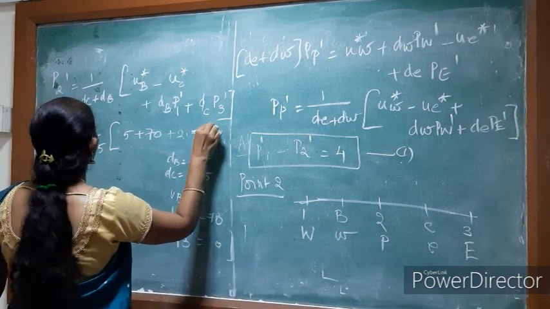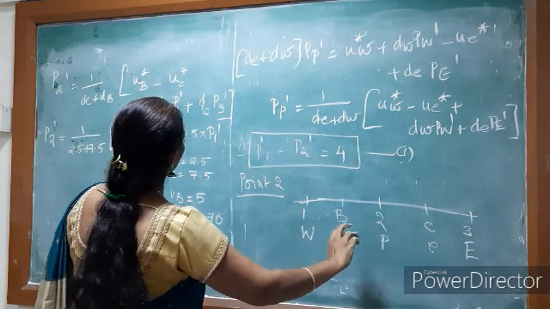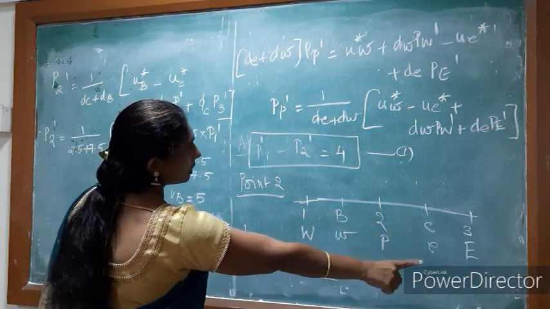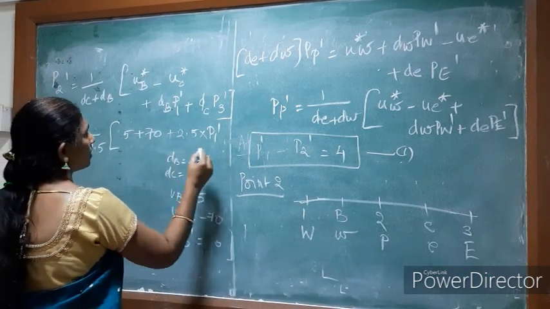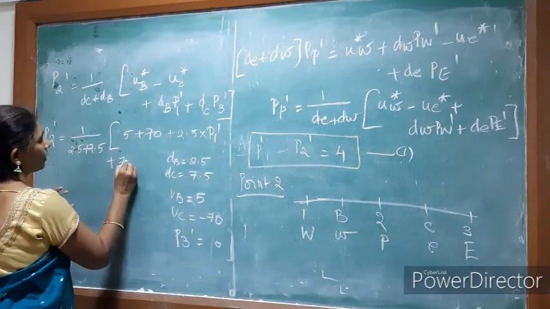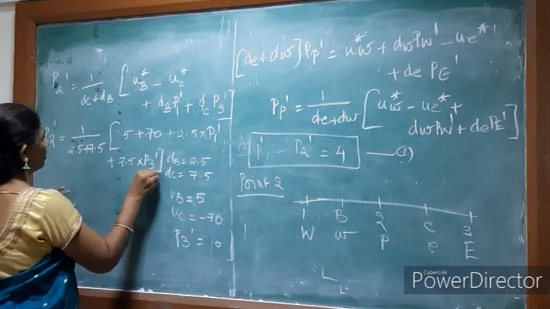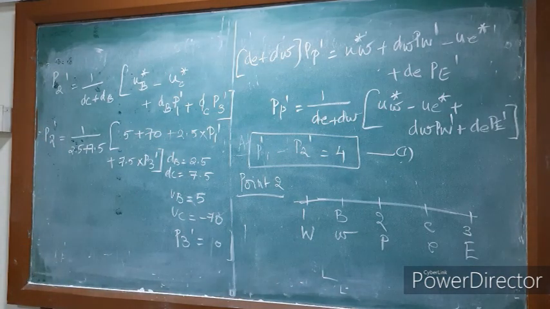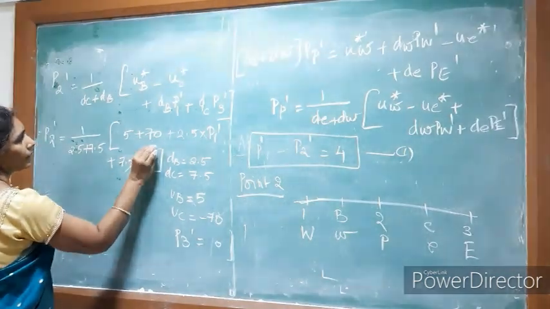So it is P1 dash and P2 dash, okay, plus DC is 7.5 into P3 dash. Right? So since this is tending to 0, I am neglecting this term.